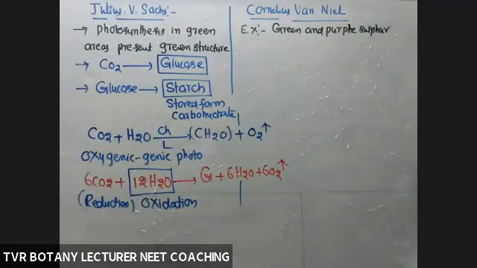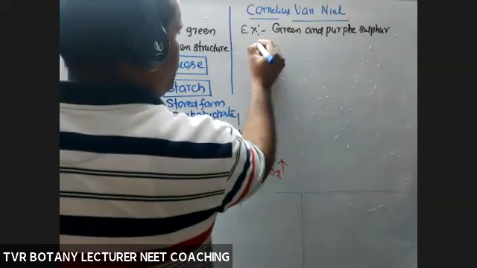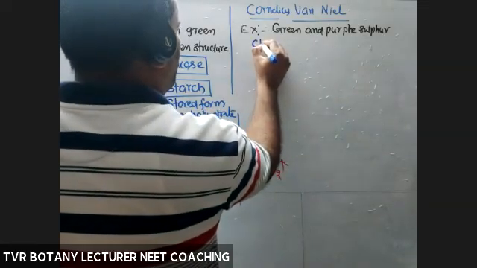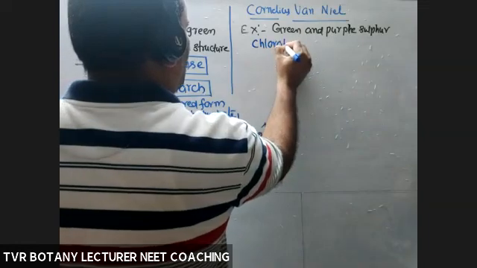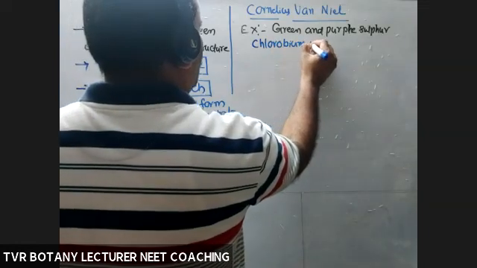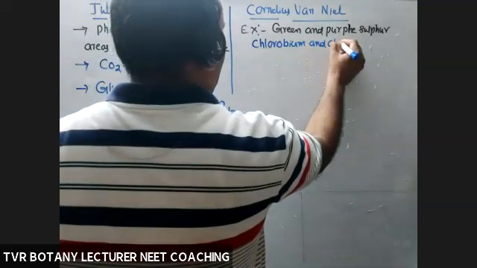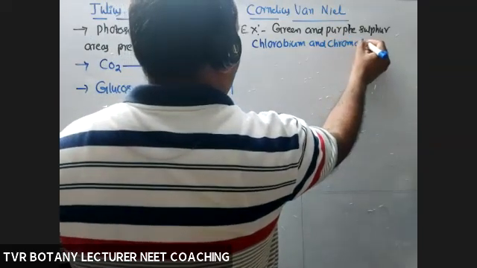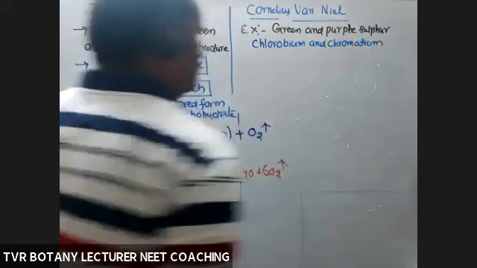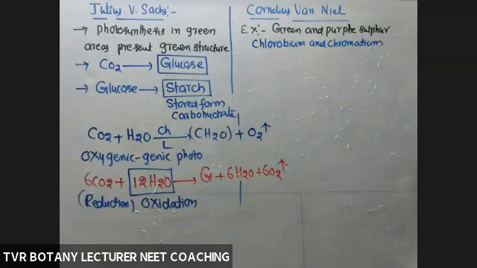Green and purple sulfur bacteria. For here I'm giving some examples: Chlorobium, Chromatium. With chlorophyll, they are able to perform photosynthesis.